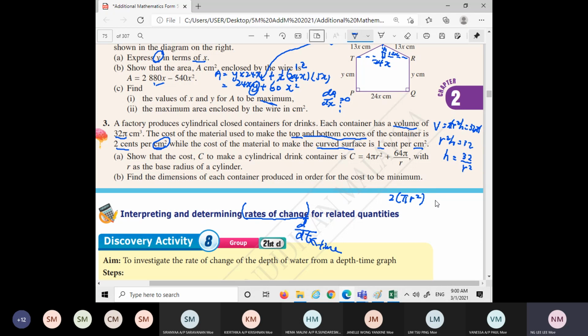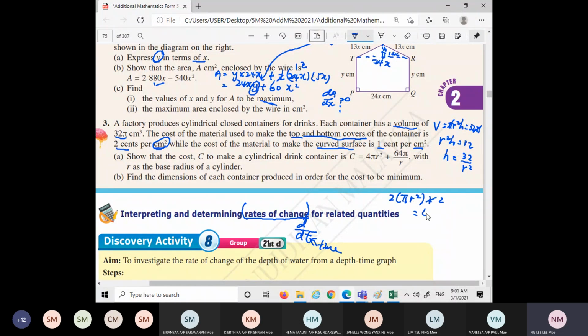You just times 2, because this is 2 cents per centimeter square. If this is 5 centimeters square, how do you get the cost? Times 2 lor, because 1 centimeter square is 2 cents. If this is 5, then you times 2. So here you times 2 to get the cost.